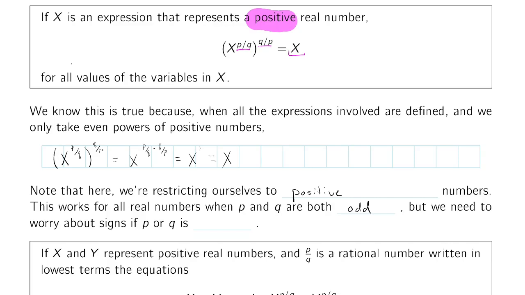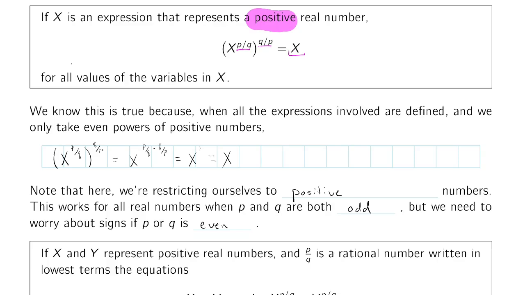We only need to worry about signs if one of p or q is even. Because then at some point we're taking an even root, at some point we're taking an even power. And we can't take even roots of negative numbers. When we take even powers of negative numbers, we get a positive result, which means that we can't recover our original negative number.